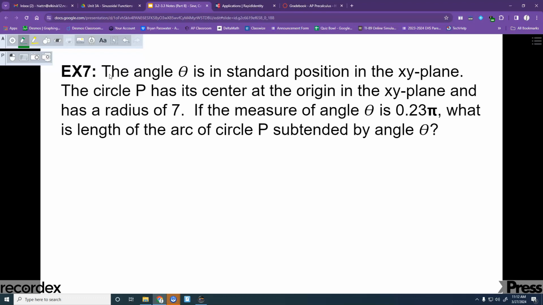So let's draw this. We've got a circle. Its radius is 7. And it says the measure of the angle theta is 0.23 pi. Which quadrant is that going to be in?